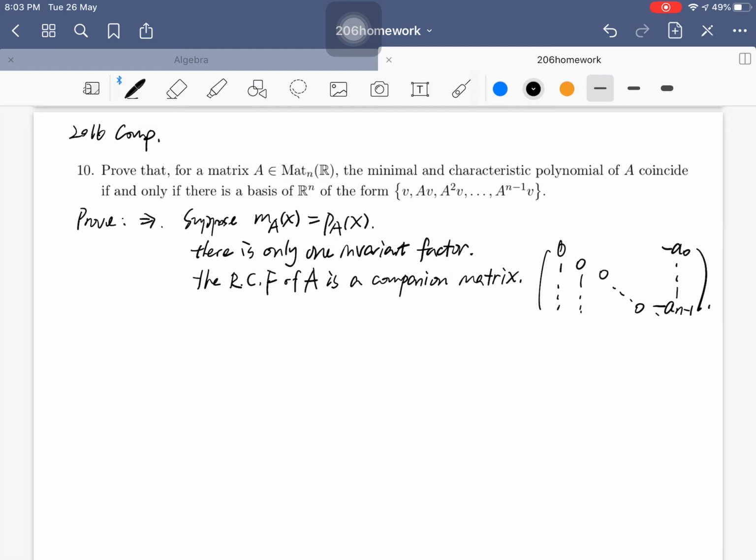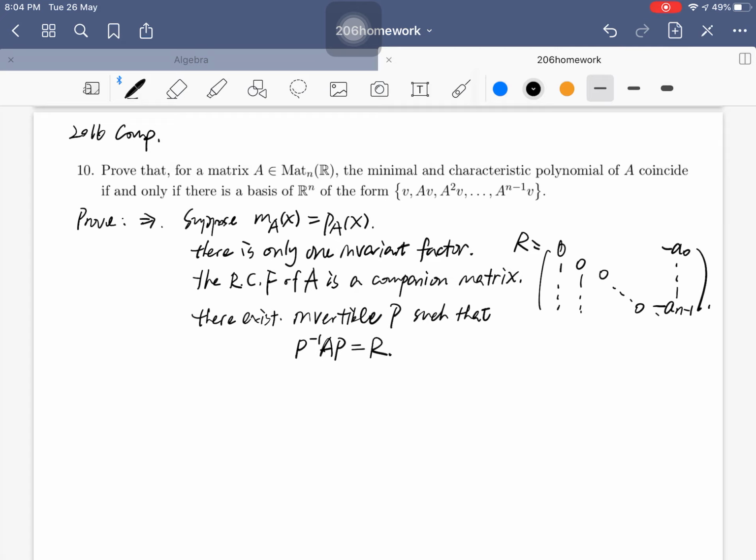So A is similar to the companion matrix, denoted as R. So there exists an invertible matrix, let's say P, such that P inverse AP equals R.